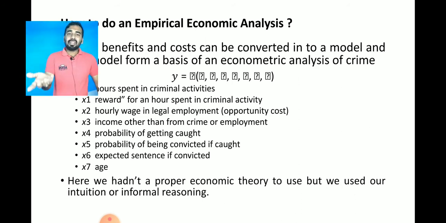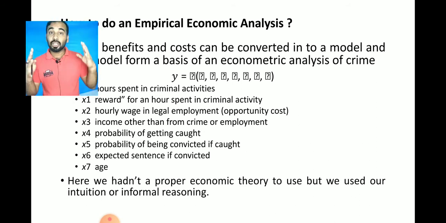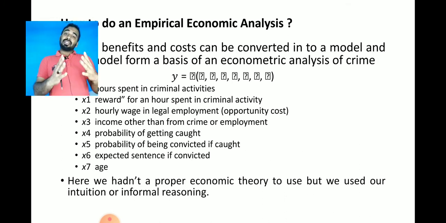Then the probability of being convicted if caught. This means what the legal system is in that place. If the legal system is very strong, then the criminal activities will be very low. This is our intuition, or our hypothesis; we hypothesize on the basis of our common sense.